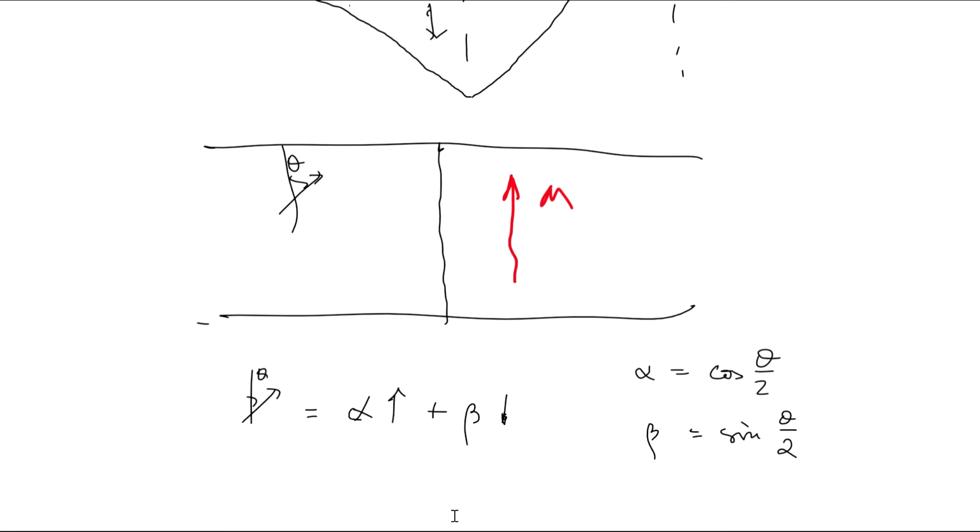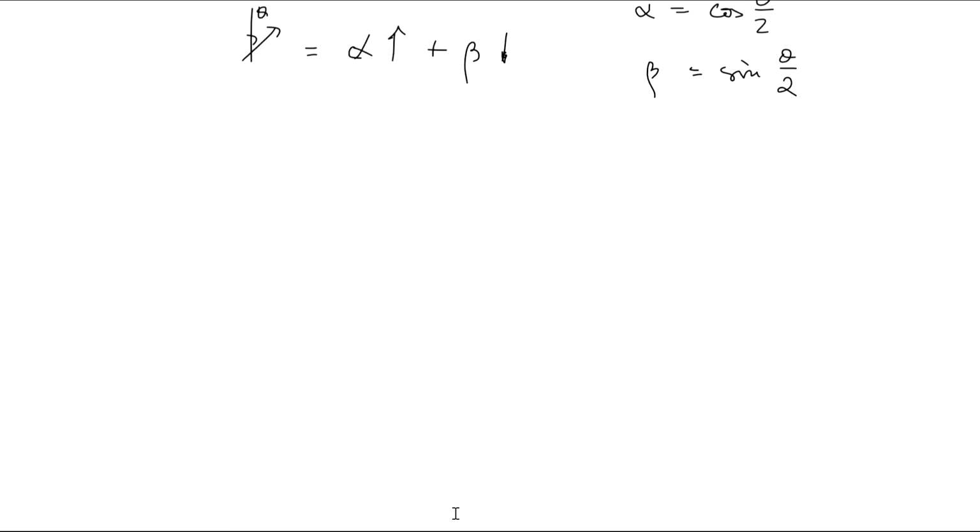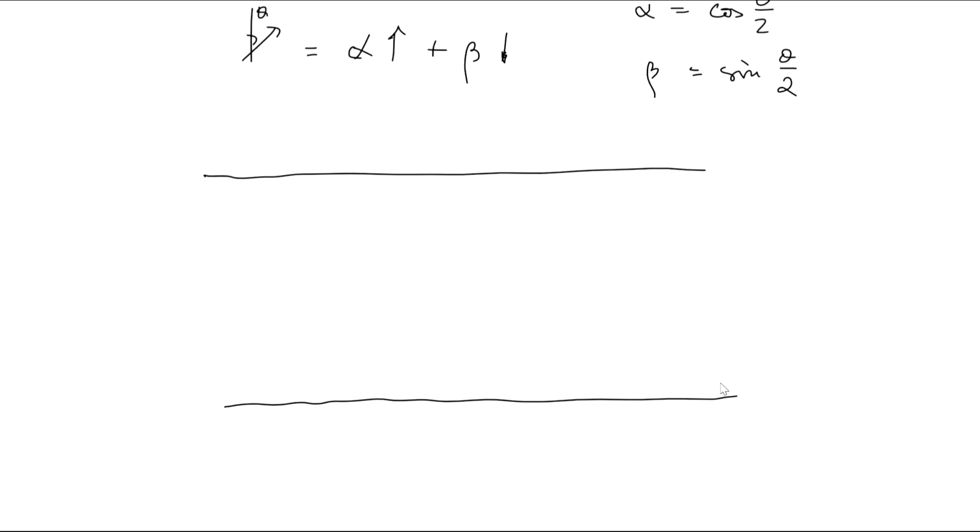Now let's drive current through this system and see what is happening. Imagine that you have an electron with a certain spin, it doesn't really matter which spin, going towards the interface with the magnet.